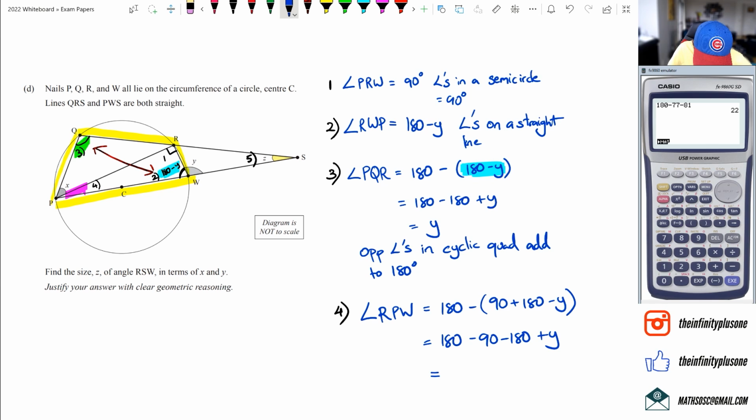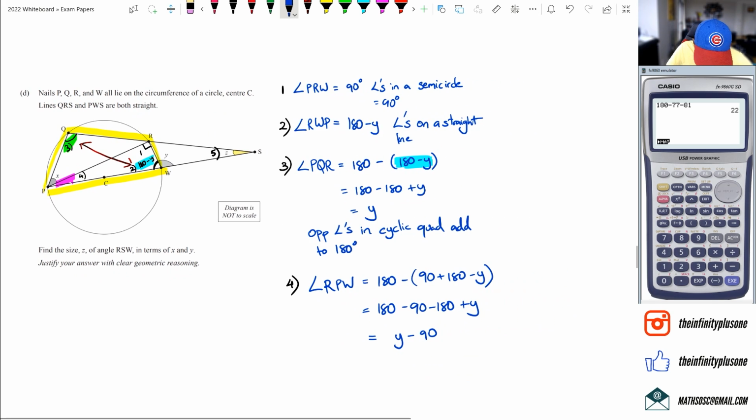No, that's fine. I think I've got everything here. So this angle 4 is going to be Y minus 90. I'm doing it slightly different from the answer schedule, so hopefully this works.